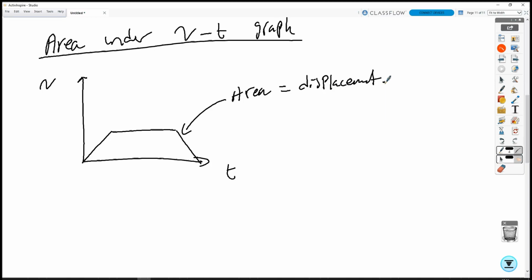Now typically, again, you won't be provided with the function of the graph. So instead, what you do is you split it into geometric objects that you are able to work out the area of. For example, triangles, rectangles, trapeziums. So in this situation, split it into three shapes, read the numbers off the graph, and then calculate the area of these three.